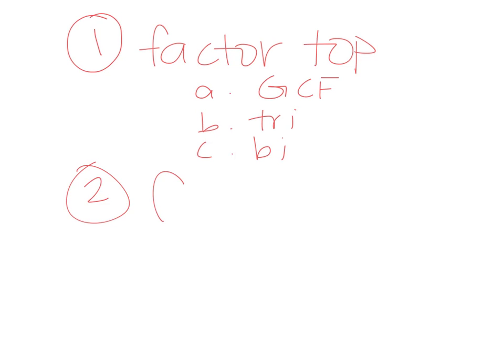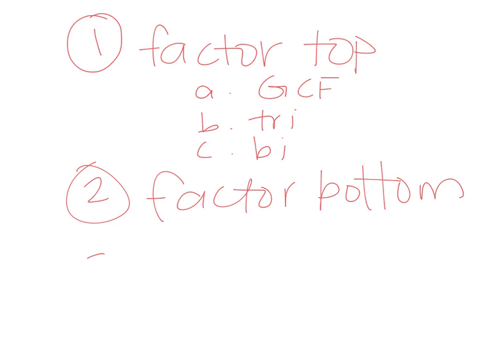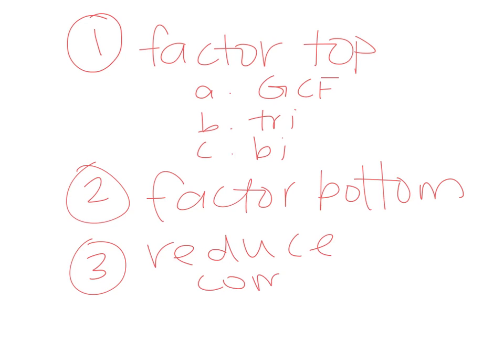Step 2, factor the bottom. And I'm using the layman's terms here. Of course, for top, you could say numerator, and for bottom, you could say denominator. Then you're going to reduce common terms. And write your answer.